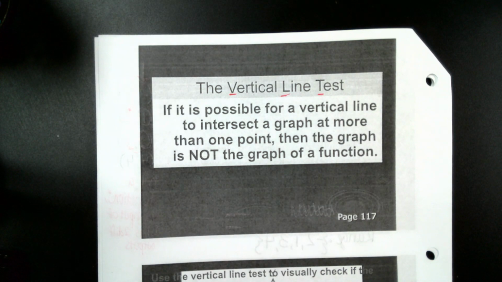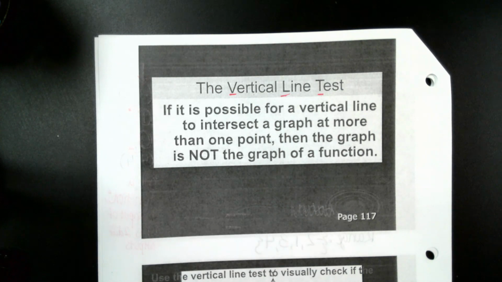What we're going to do is on every graph that I give you, we're going to draw some vertical lines. If that vertical line only goes through one point at a time, it's fine. But if you draw a vertical line and it crosses the graph like here and down here, that's a problem.